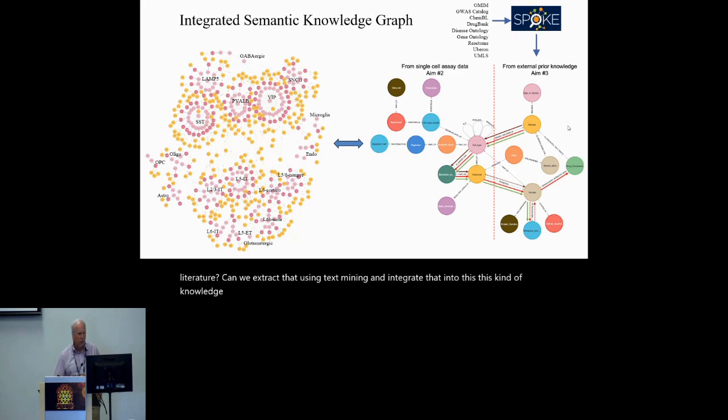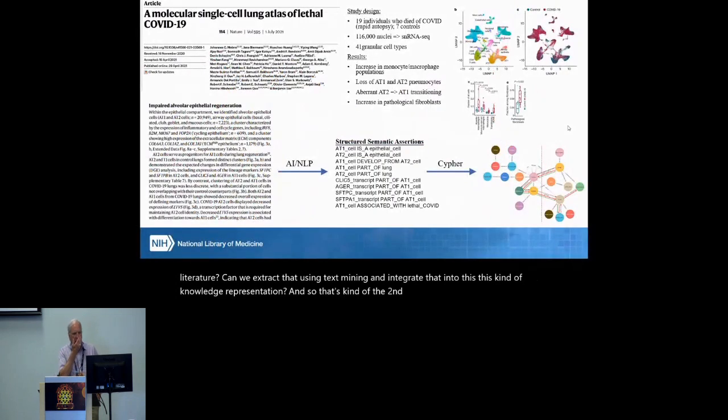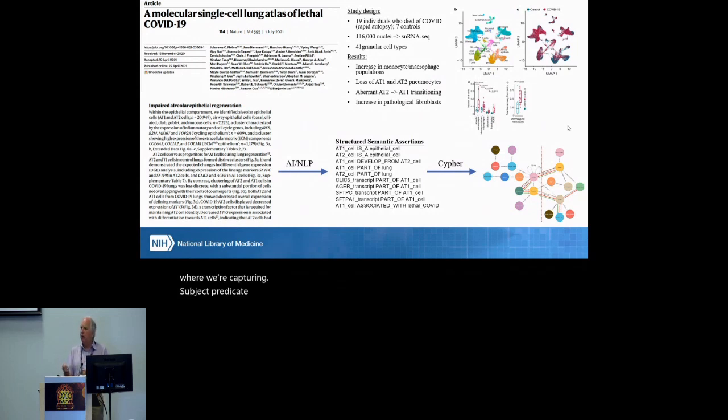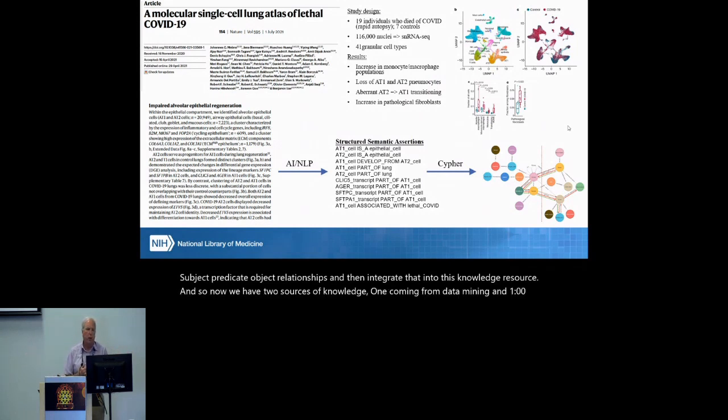And so that's the second goal of the project, to take the text in the documents, translate that into what we call structured semantic assertions, where we're capturing subject-predicate-object relationships, and then integrate that into this knowledge resource. And so now we have two sources of knowledge, one coming from data mining and one coming from text mining. So that's the goal.